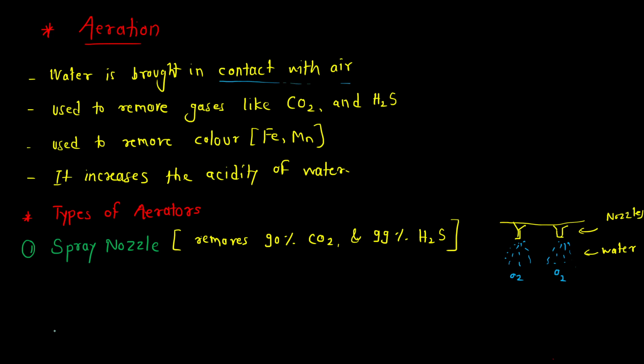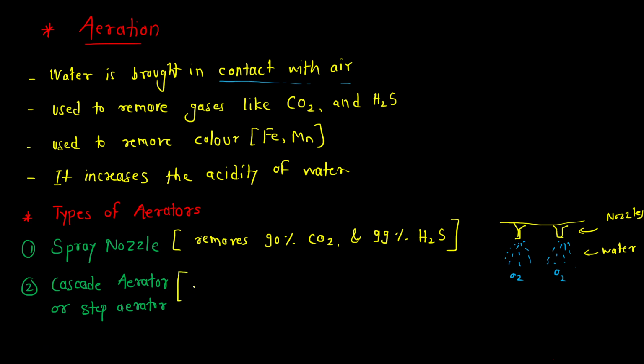Similarly, the second type of aerator is called the Cascade Aerator. This Cascade Aerator is also called the Step Aerator. What is the property of this?